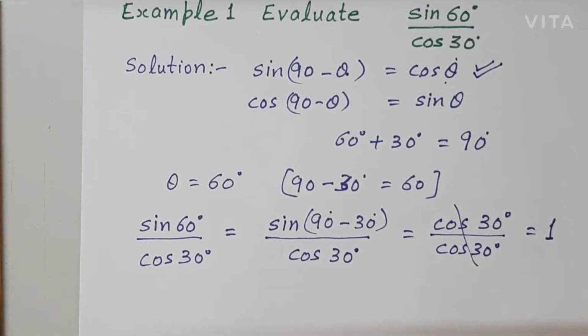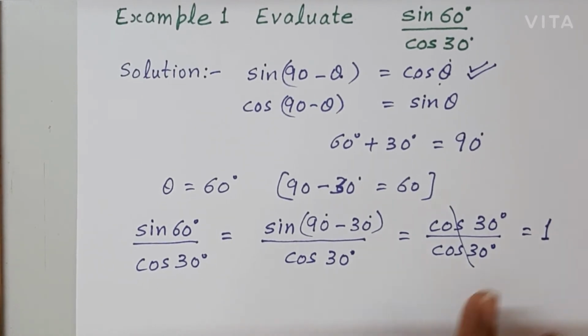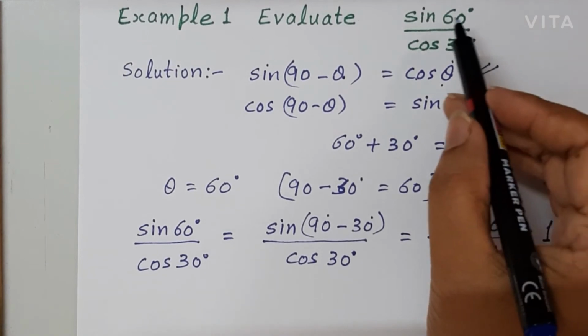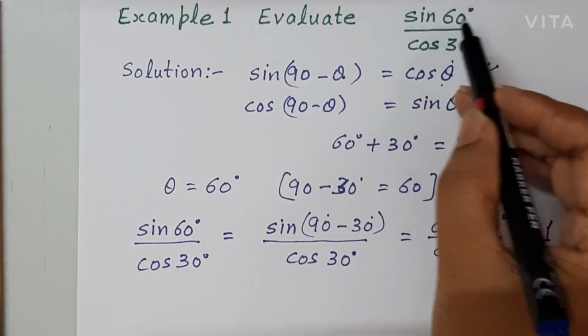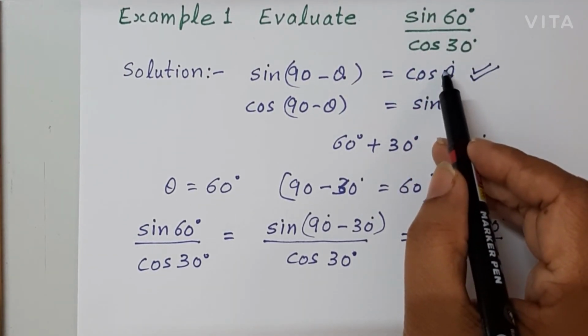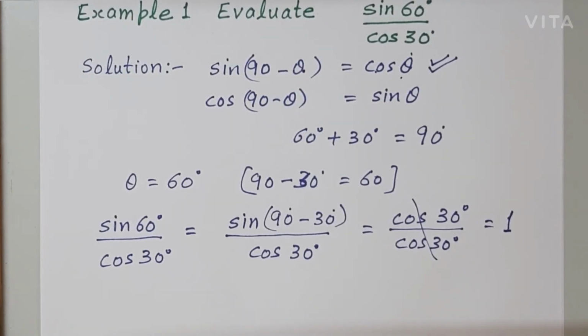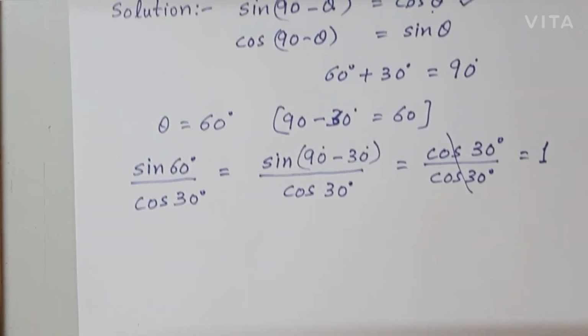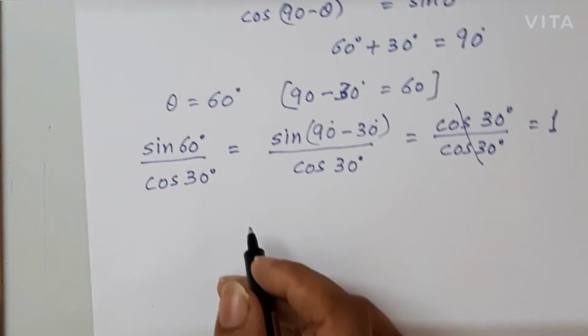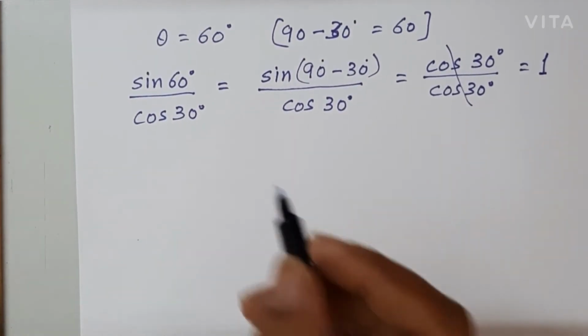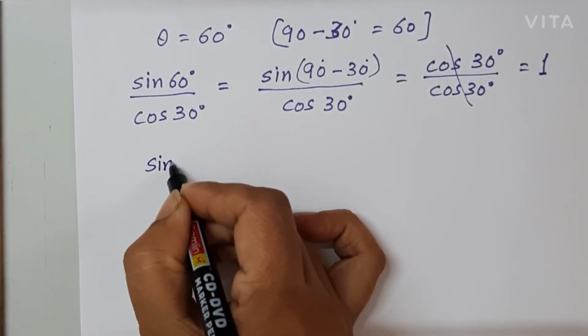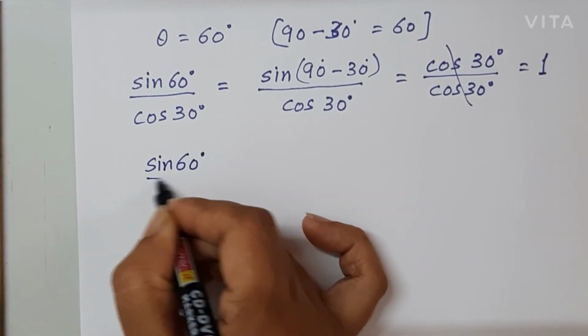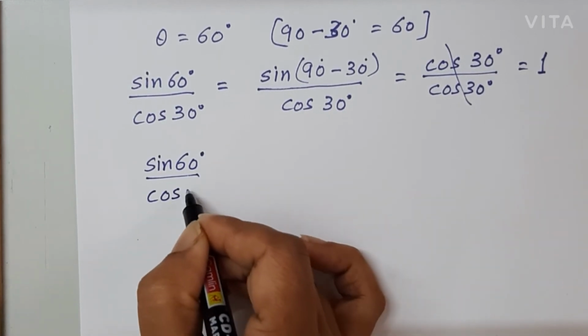Now let us do the same question in a different way, where we will keep sine theta as it is and will make changes in the cos theta. That is second option for you, right? So let us write the question here again. Sine 60 degree upon cos 30 degree.